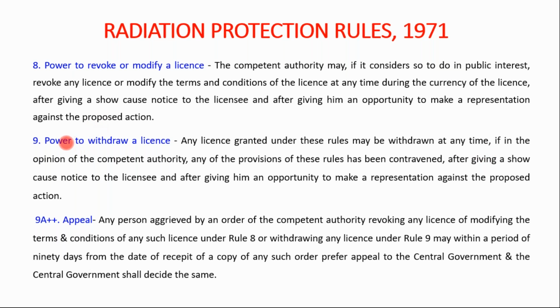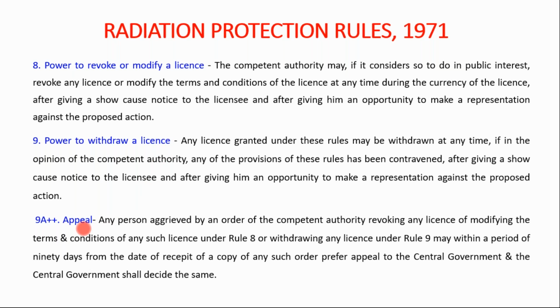Then rule number 8 is related to the power to withdraw a license. So again, the competent authority has the power to withdraw a license depending on the observations, inspections, or due to illegal activities from the concerned person. So that license can be cancelled.